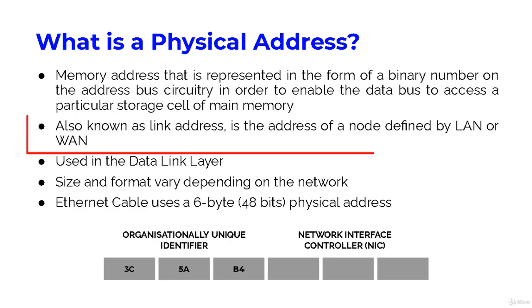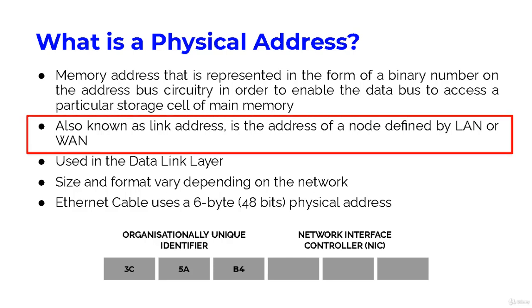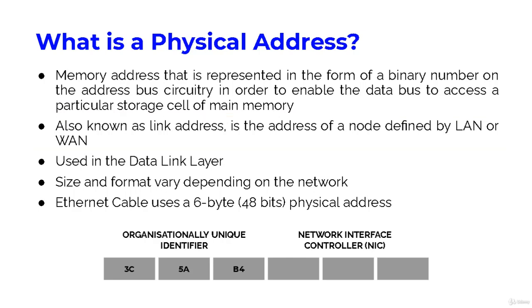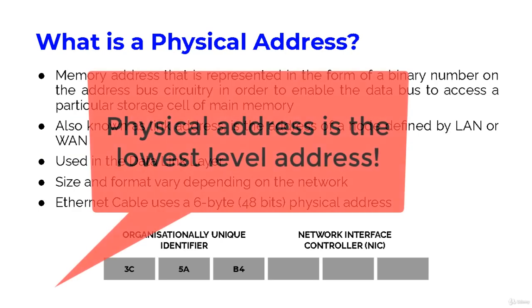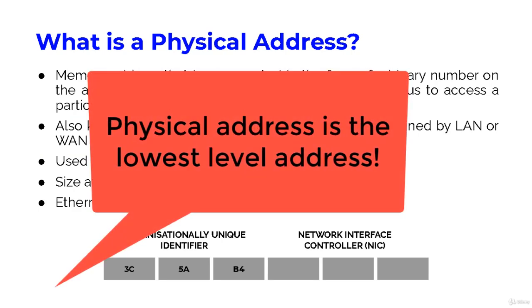The physical address, also known as the link address, is the address of a node as defined by its LAN or WAN. It is included in the frame used by the data link layer. It is the lowest level address. The physical address have authority over the network, that is LAN or WAN.